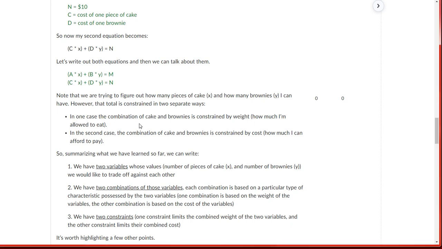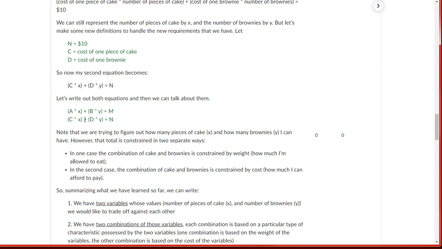We are trying to figure out how many things. So it's the count of things that we're interested in: number of pieces of cake and number of pieces of brownies, right? But then our constraints are not on the count. They're on different characteristics of the thing, right?